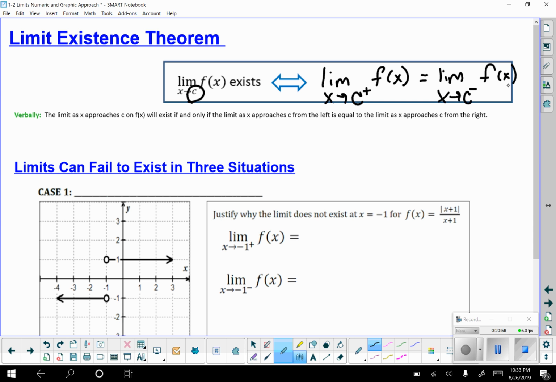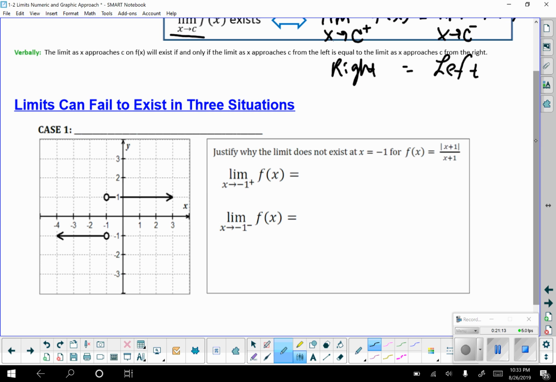So left side must equal right side, or in this case, right must equal the left side, correct? In order for our limit to exist at c. No longer talking the one-sided limit, we're talking full-fledged at c.